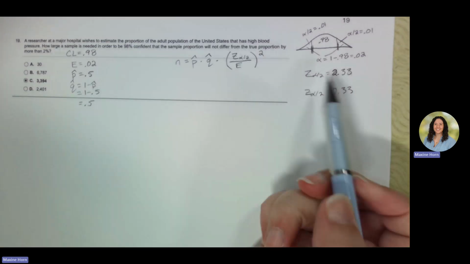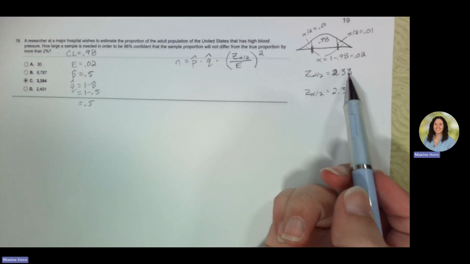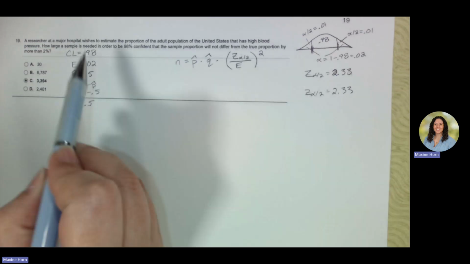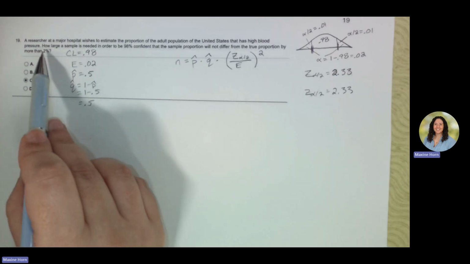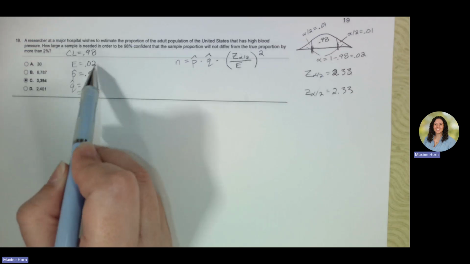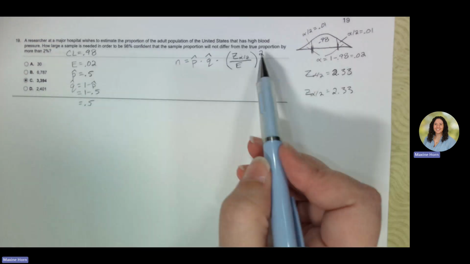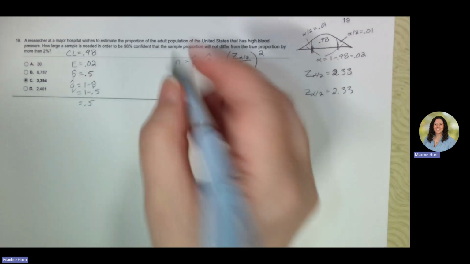We have our z alpha halves, which we found based on our confidence level. We've got our margin of error, which they said 2%. When they're saying 2%, we need to change that to a decimal. Our margin of error is 0.02. And then we're going to plug it in and square it.